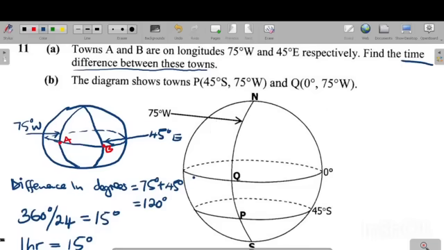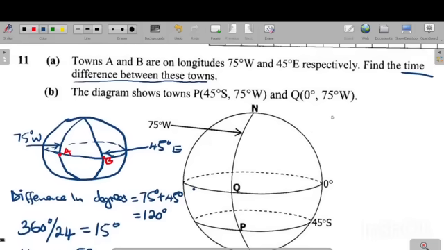So we are going to say 1 hour is equal to, we found that it's 15 degrees. Okay. Now, how many hours are going to make 120 degrees? So here we have 120 degrees. Here we don't know. So we're going to cross multiply.